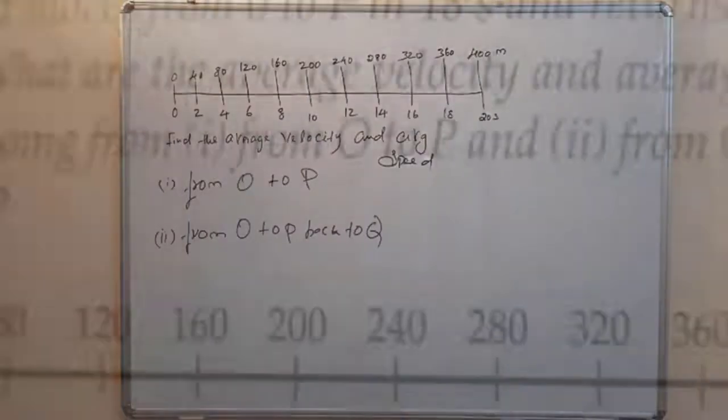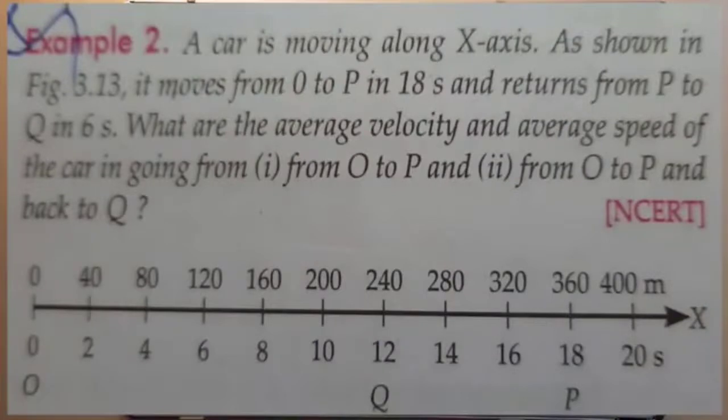The first problem: a car is moving along x-axis as shown in the figure. It moves from O to P in 18 seconds and returns from P to Q in 6 seconds.